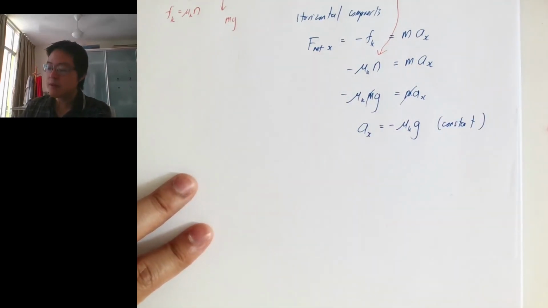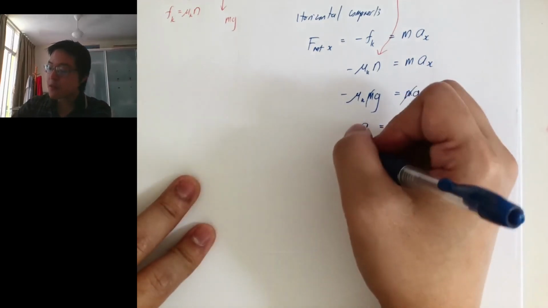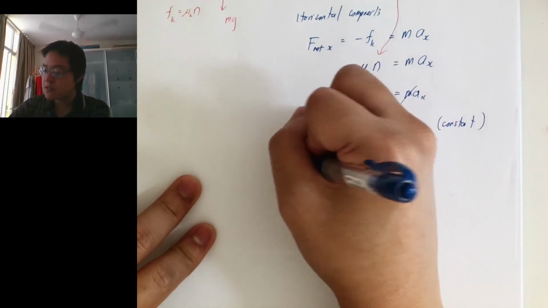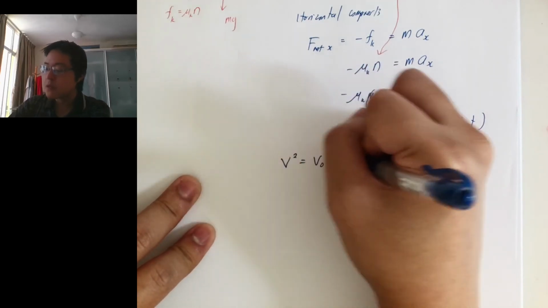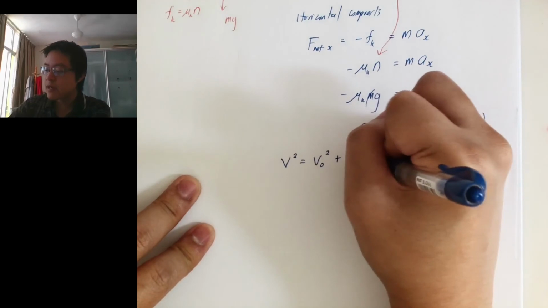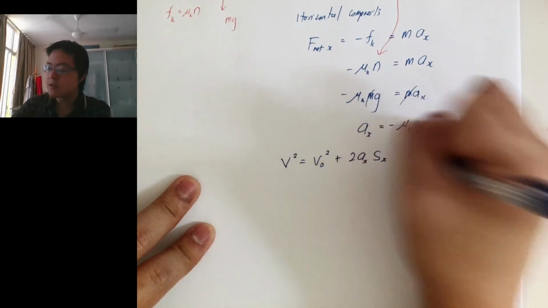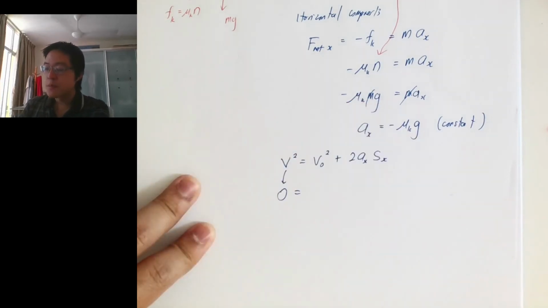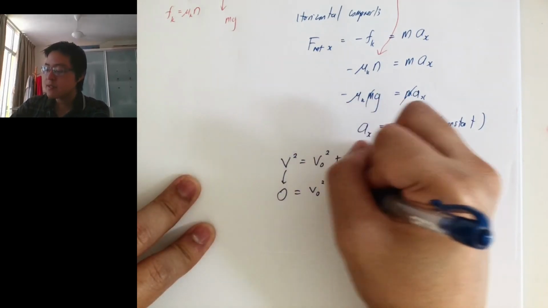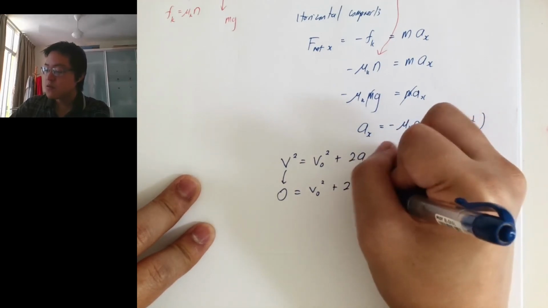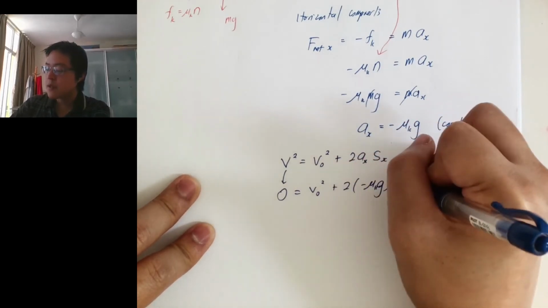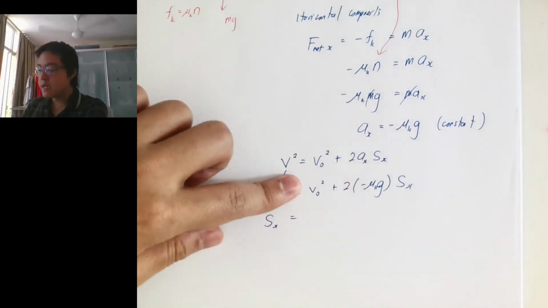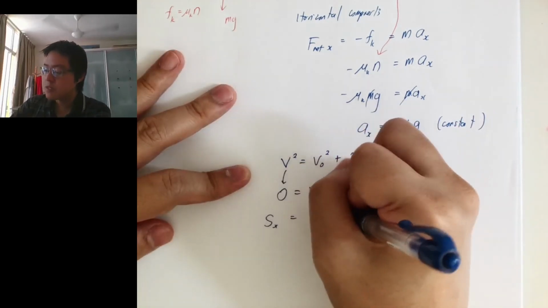I don't care about the time, so I just use this equation: v squared minus v naught squared equals 2a times the horizontal displacement. I want to find it after it has stopped, so v is 0, and this is my initial velocity, and then 2 mu k g times my displacement. So my displacement is my initial velocity squared divided by 2 mu k g.